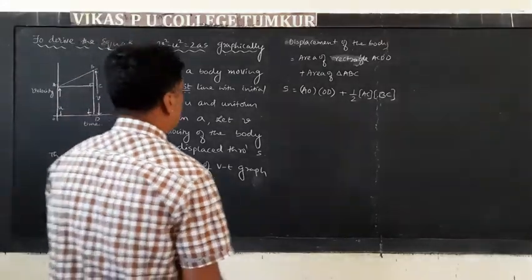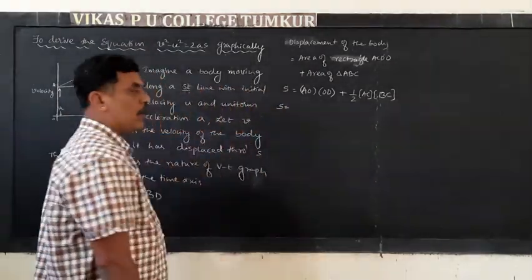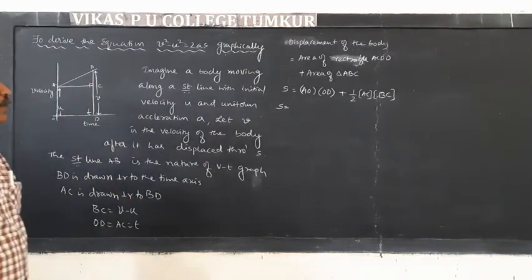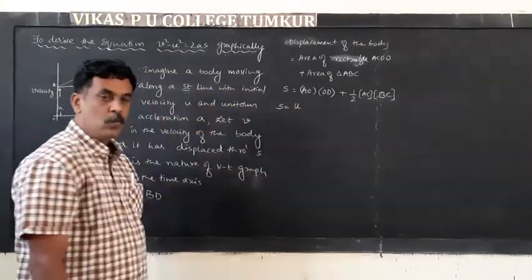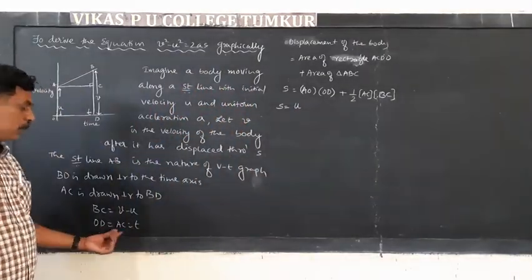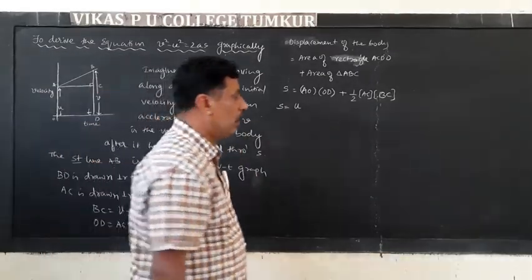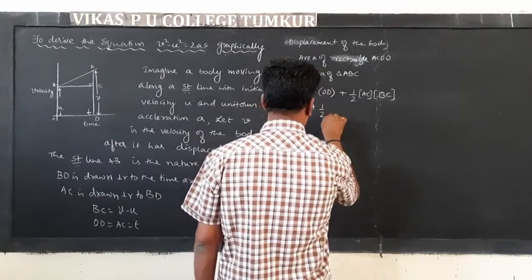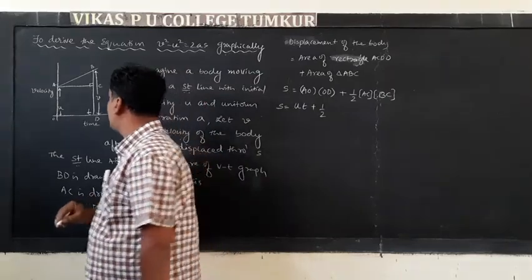So I will start substituting. s is equal to AO. What is AO? AO is u, which is the initial velocity. What is OD? OD is t, the time that has elapsed since the body has moved from point A to point B. So I put t. What is AC?